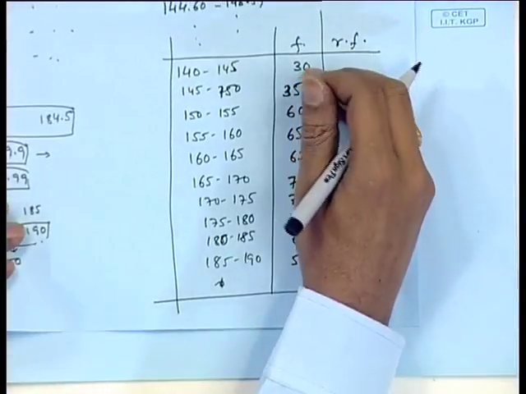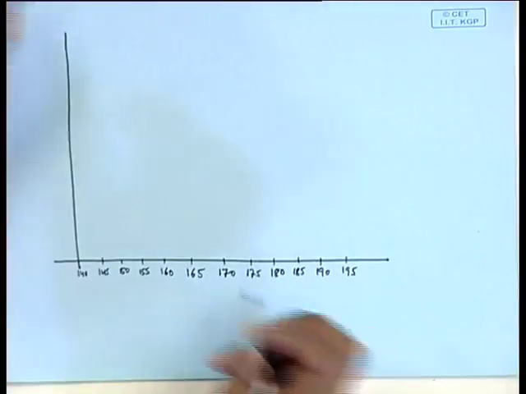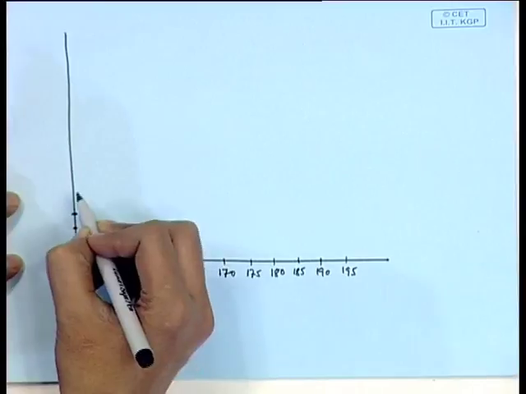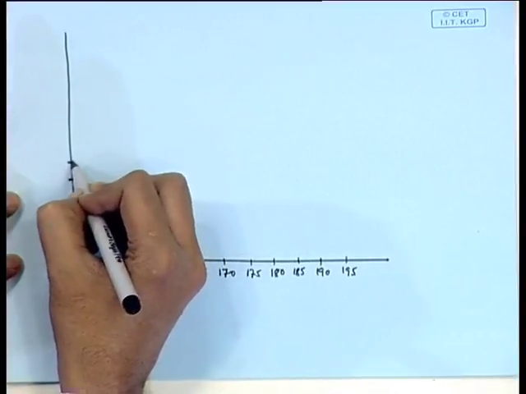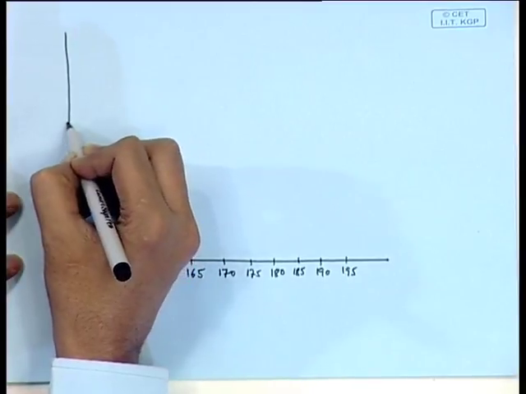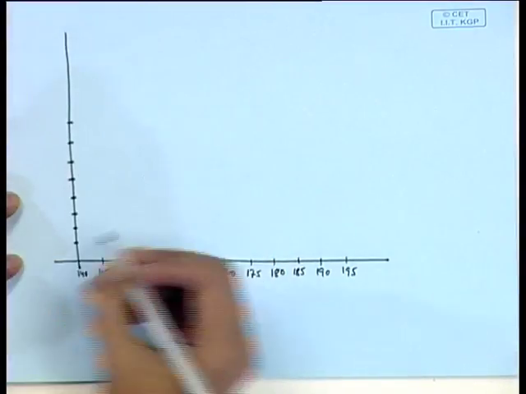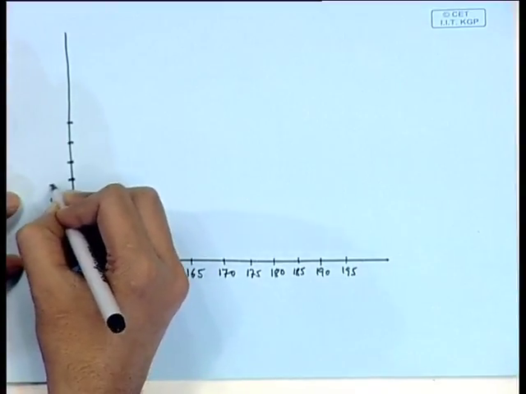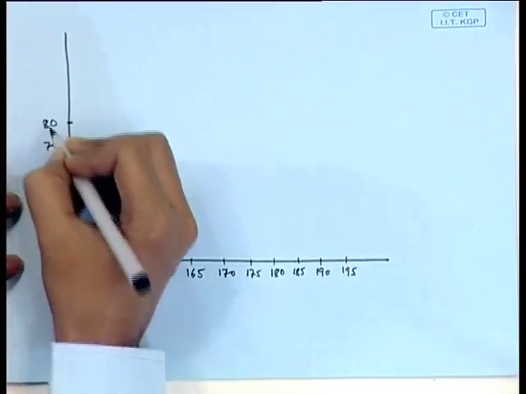We look at the values which are there: 30, 35, 60 and so on. So, if we make the scale like 10, 20, 30, 40, 50, 60, 70, 80, the maximum value is 80. So, we may draw like this: 10, 20, 30, 40, 50, 60, 70 and 80.